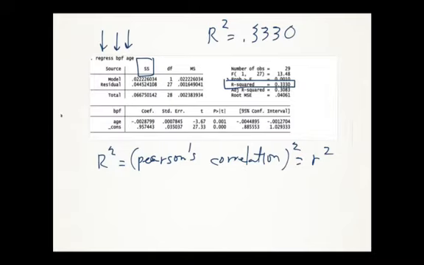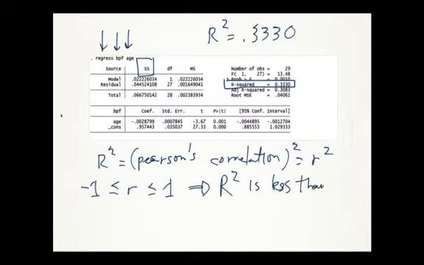And before we had said that r is always going to be between -1 and 1. And so as a result, when you square a number that is between -1 and 1, you'll always get a smaller number. So R-squared is always less than or equal to r, less than or equal in the special case that it's equal to 1.